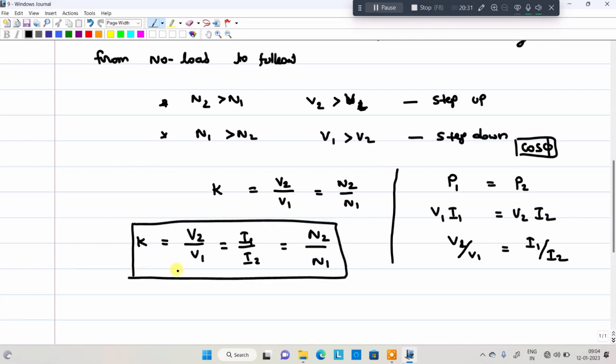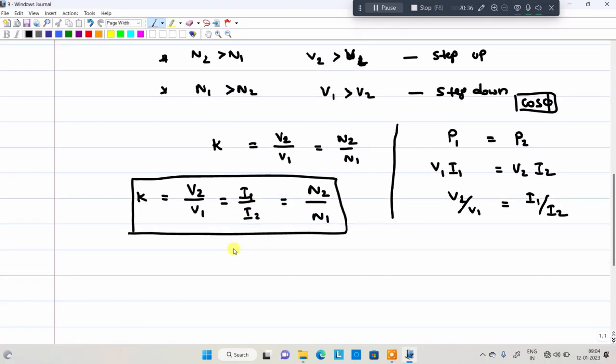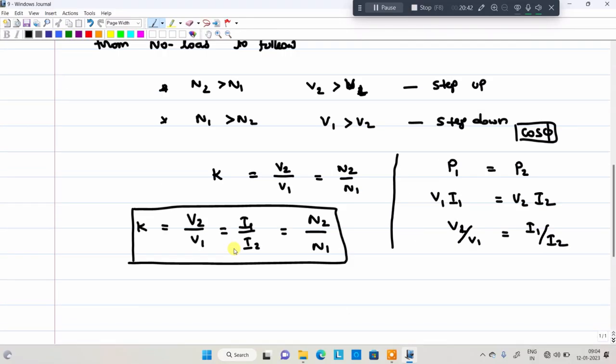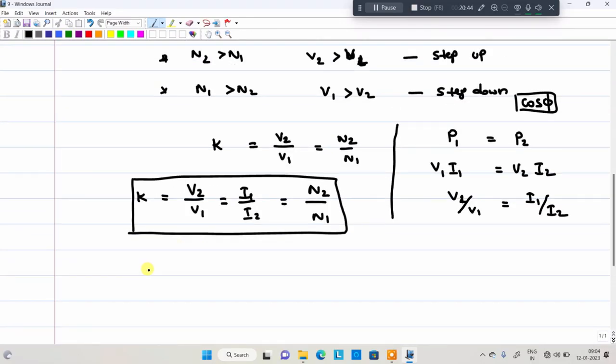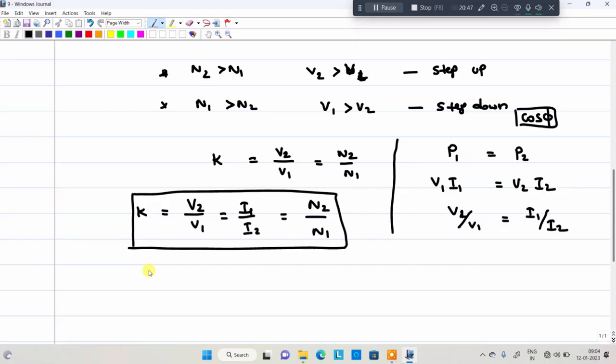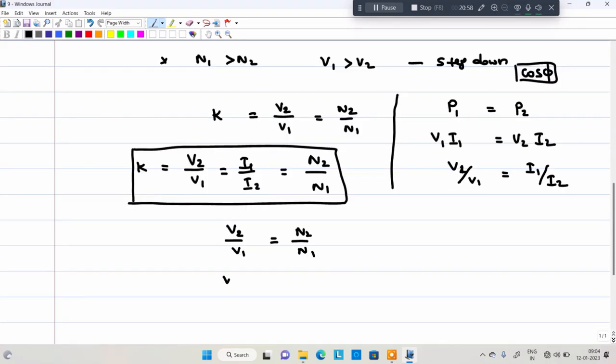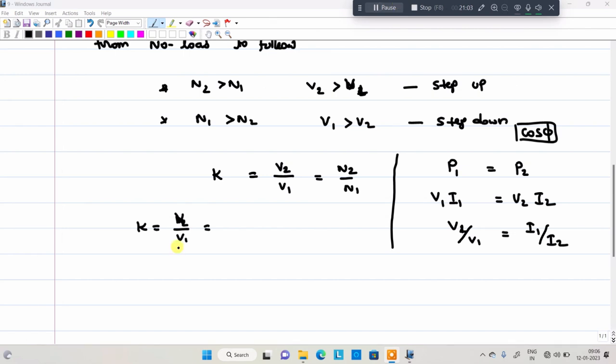One more important thing I would like to mention here. After the transformation ratio, the volts per turn ratio is a constant. I will consider these two equations. V2 by V1 is equal to N2 by N1, and V2 by V1 is equal to I1 by I2, which is equivalent to N2 by N1.